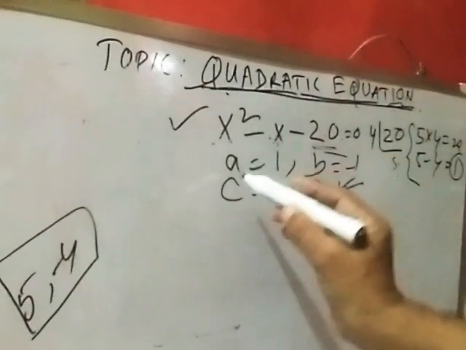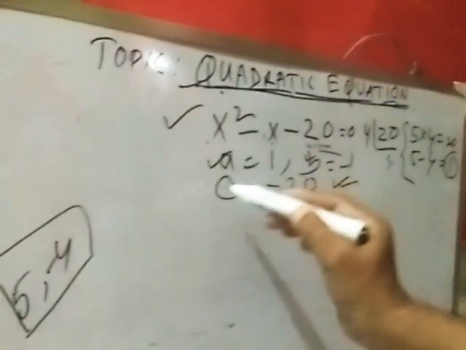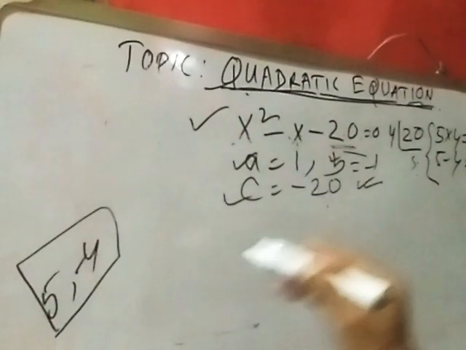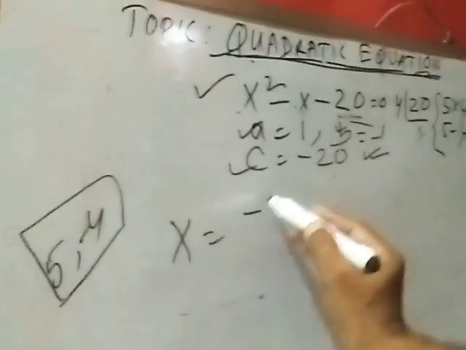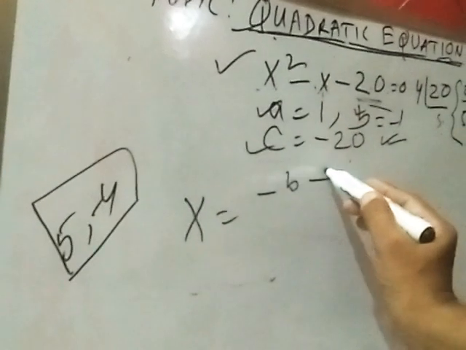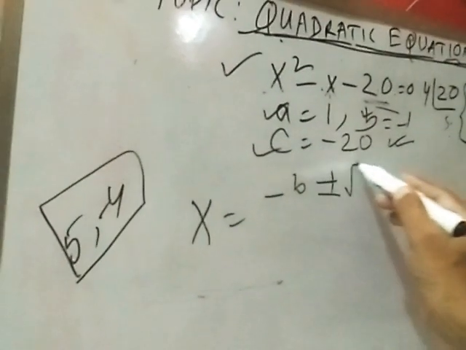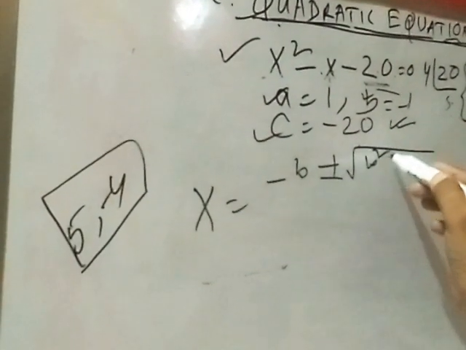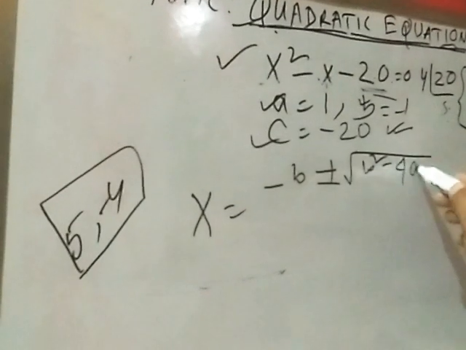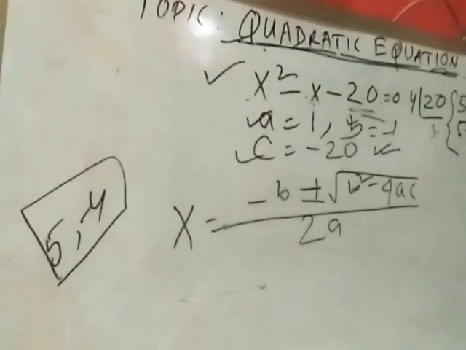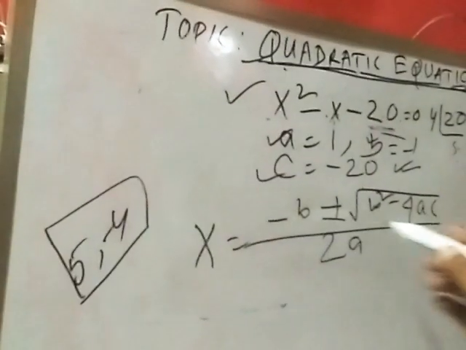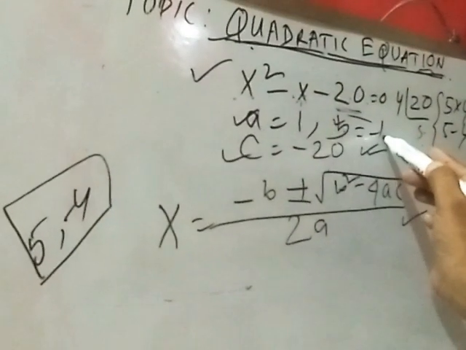No. Very good. So A, B and C you got. So what is the formula? Sridhar Acharya: minus B plus minus root of b square minus 4ac, by 2a. Clear?